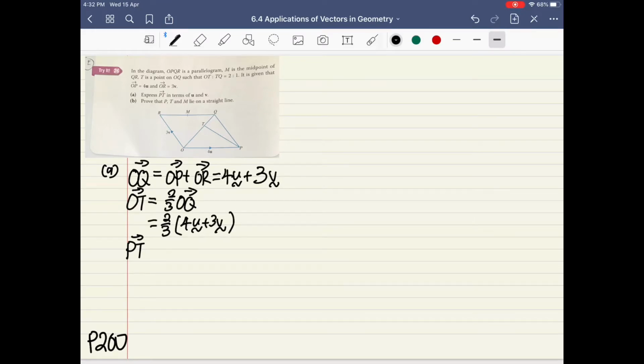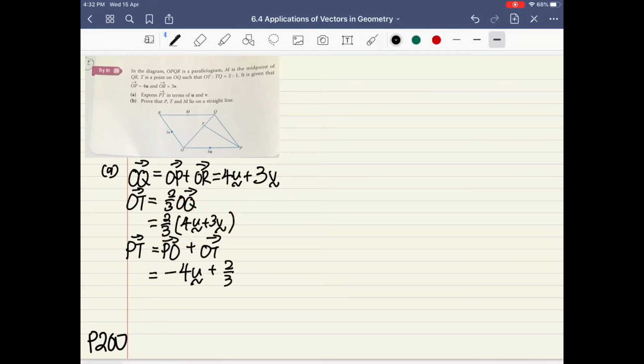Now next, PT. If I want the value of PT, PT is equal to PO plus OT. So what is PO?